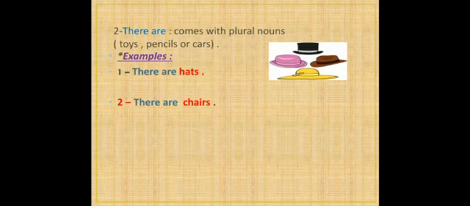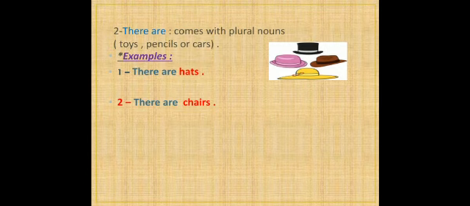Can you count with me? 1, 2, 3, 4. 4 hats. And this means a plural noun. Hats is a plural noun. So we're going to say there are hats or there are 4 hats.